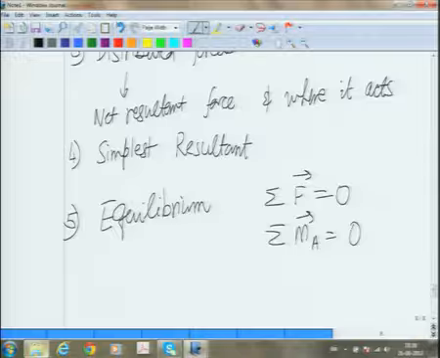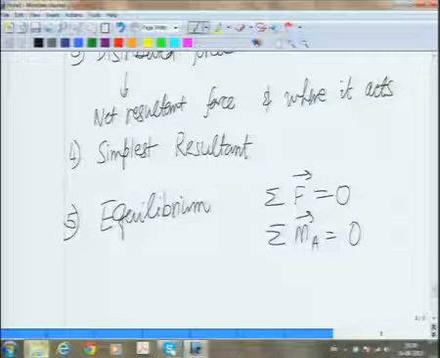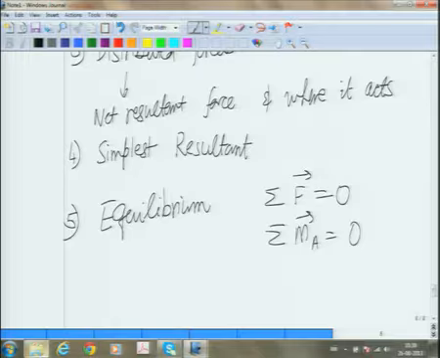Here we also learnt how to divide a system into components. If there are more than one components, then internal forces will be equal and opposite. In particular, if there are pin joints, then there will be no moments. So if Rx and Ry are applied by the pin on body A, on body B it will be minus Rx and minus Ry, and so then we can solve problems.